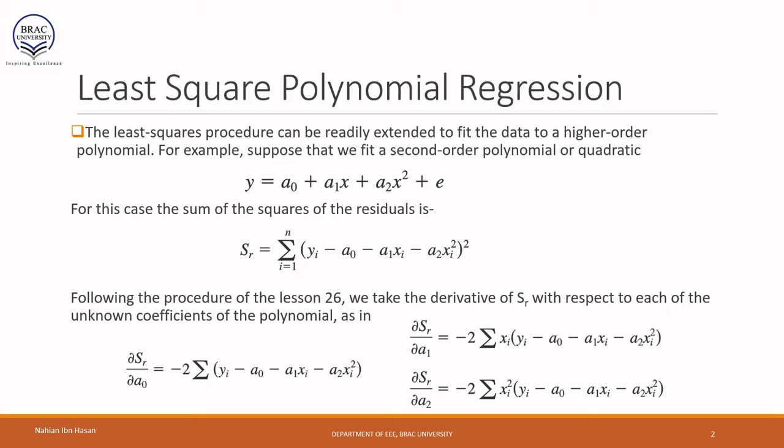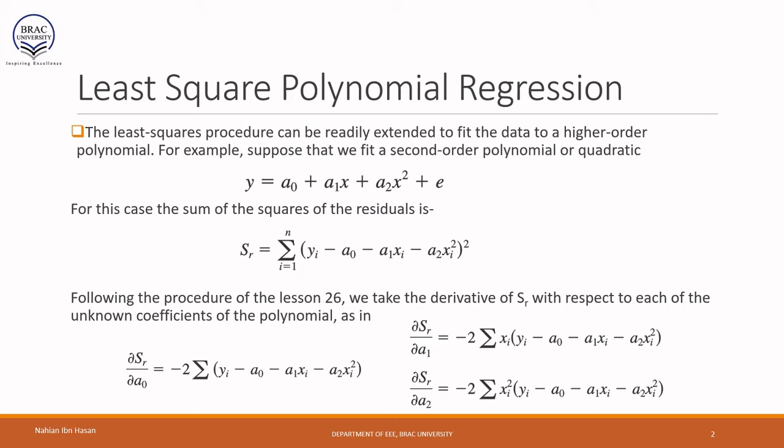But to get the original value of the data points, that means y, we need to add the individual error term to each of the fitted points. That means a0 plus a1x plus a2x squared is the fitted polynomial regression line, and we add the error term to each of the points. As a result we will get the true value.